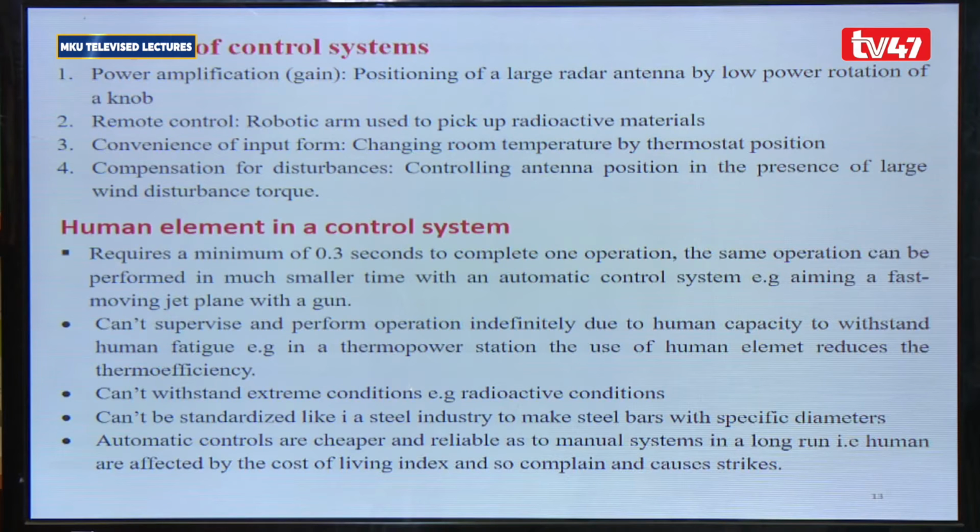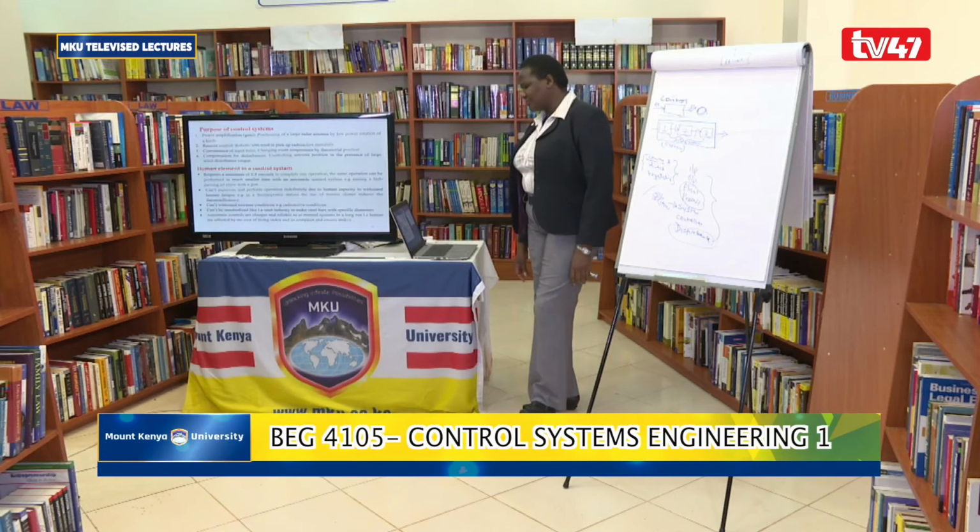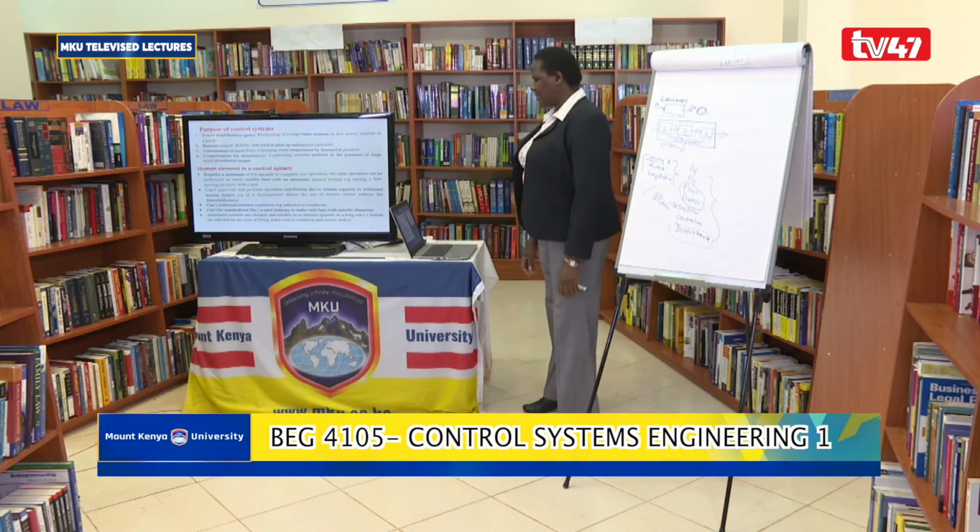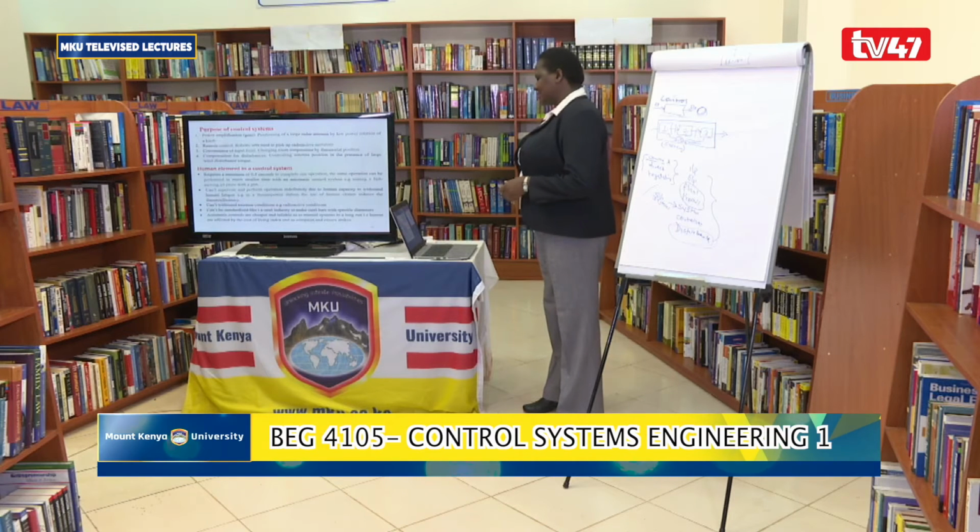For example, in a steel industry, to make steel bars with specific diameters, it is easier for a human element to make an error. Then definitely automatic controls are cheaper and reliable compared to manual systems.